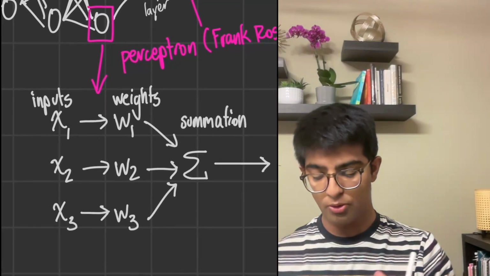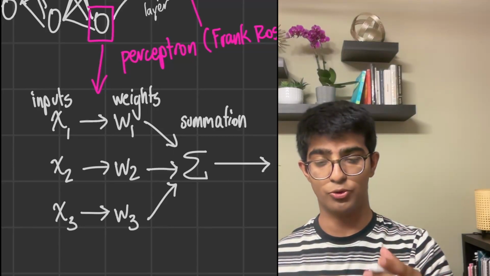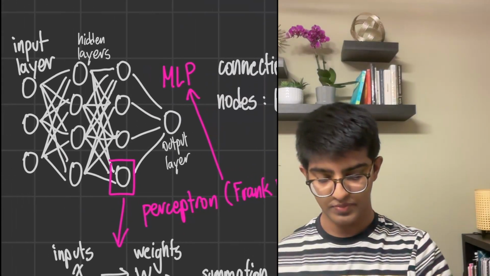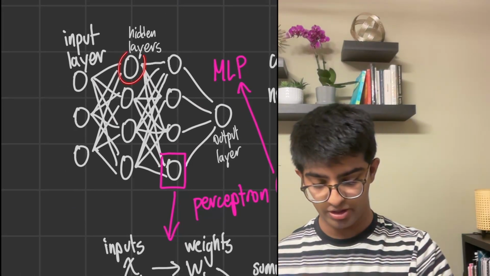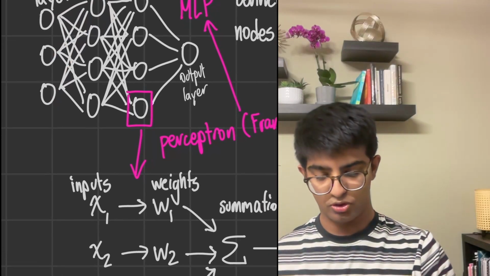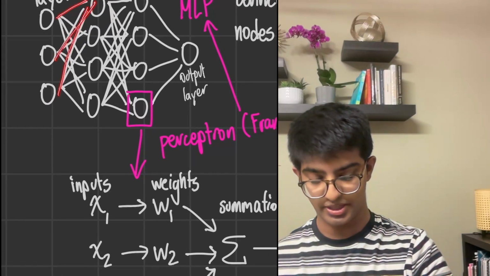So how each perceptron works is it takes an input and it multiplies the input by the weight of that connection. And as you can see, each neuron here has multiple connections backwards. So we take the inputs and we multiply by the weights of each connection.